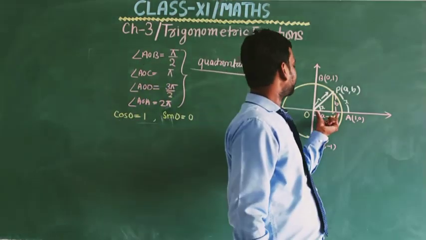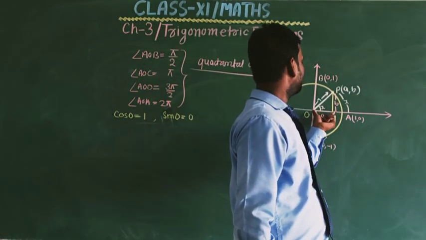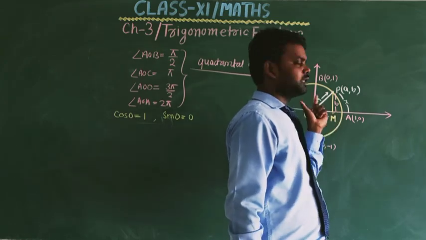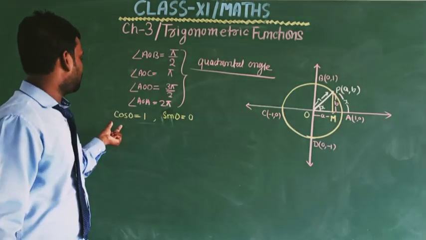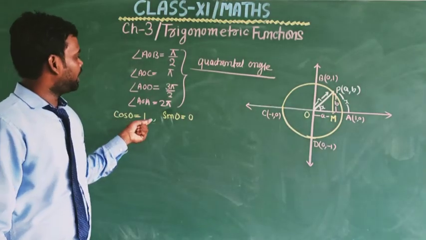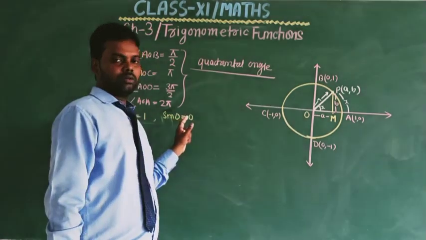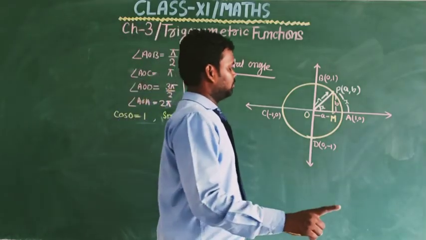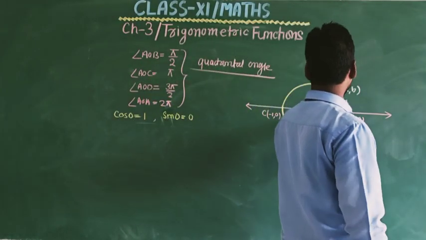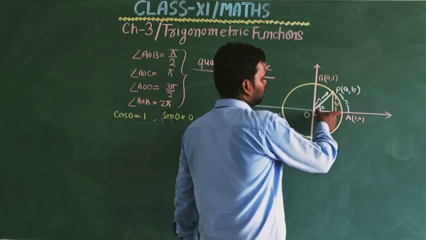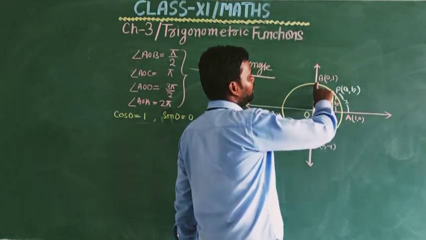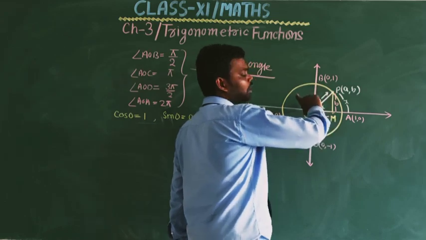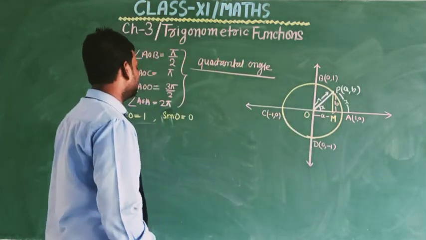If the radius lies on the x-axis, then the angle between them is 0. So cos 0 equal to 1 and sin 0 equal to 0. And again, if the radius reaches point B, then we have moved an angle pi by 2.